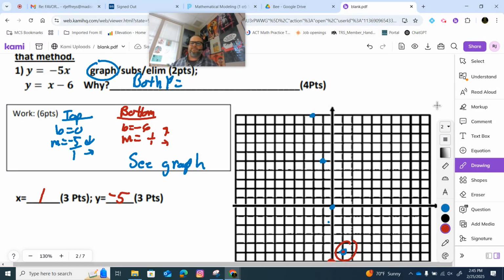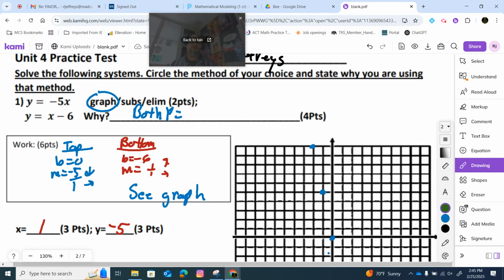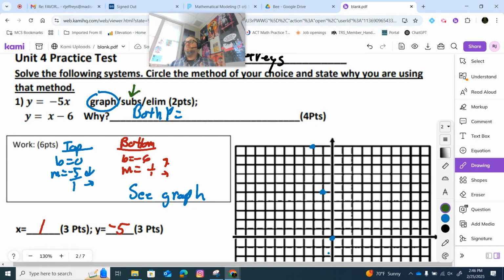If you did solve it by substitution, probably both y equals could also be the same way or your preferred method.